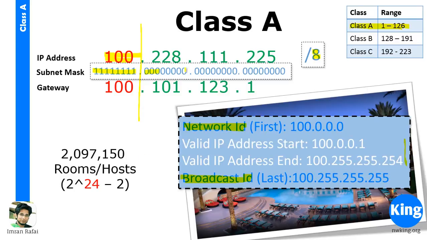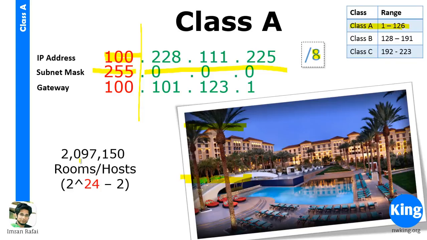To know how many valid IP addresses there are in this range, we use the same formula: 2 to the power of the number of zeros, which is 2 to the power 24, minus 2 to deduct the first and the last IP, and we get 16,777,214, which is a massive network. Even with our hotel analogy, it is impossible to control a hotel of this size.